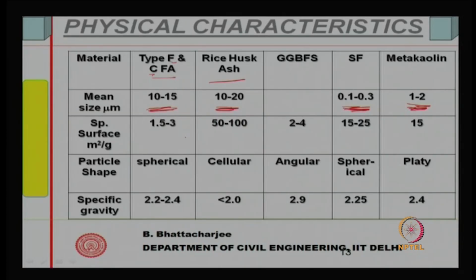Blaine's specific surface, if it is in meter square per gram. If I write it in centimeter square per gram, it would simply be multiplied accordingly. Meter square per kg would be how much?